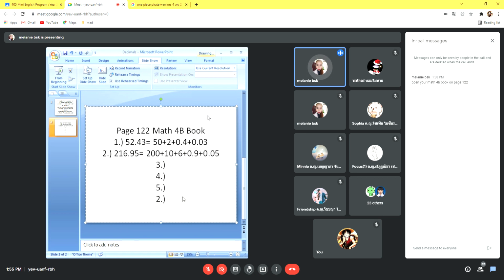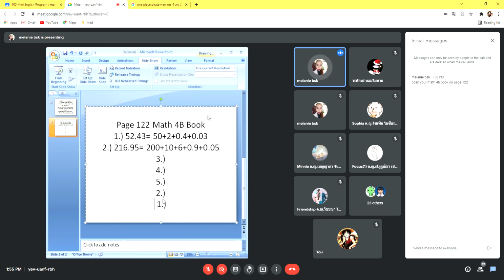I'm going to help you with this one. Activity 2, number 1: you have 20, plus 7, plus 0.1, plus 0.05.